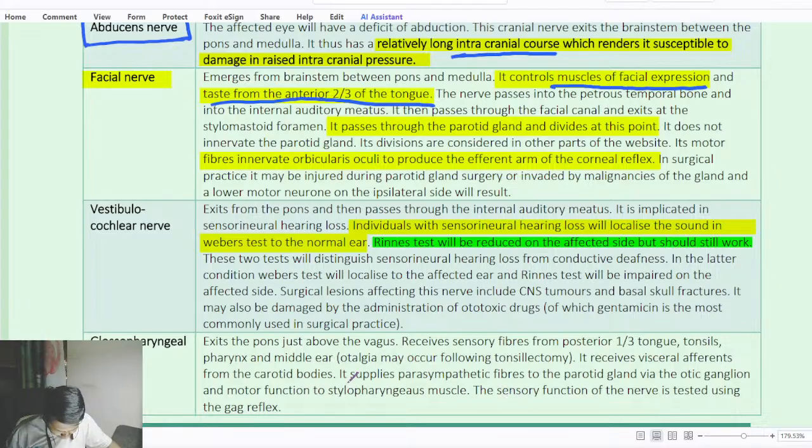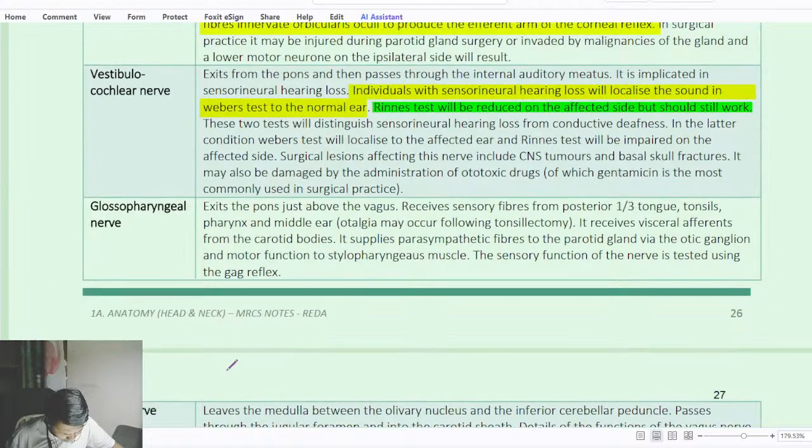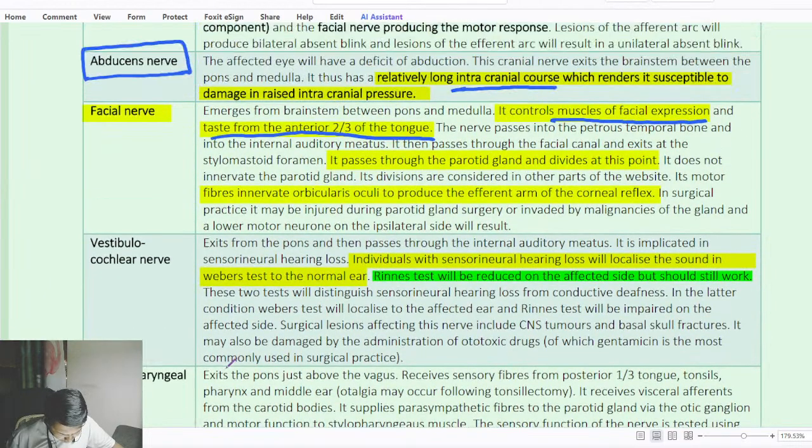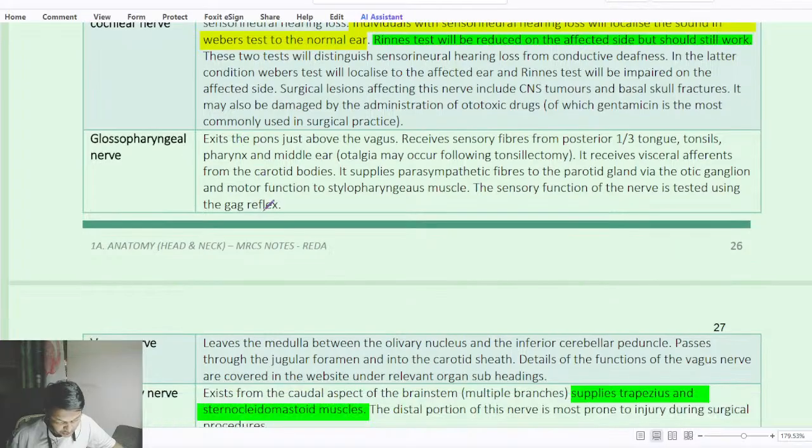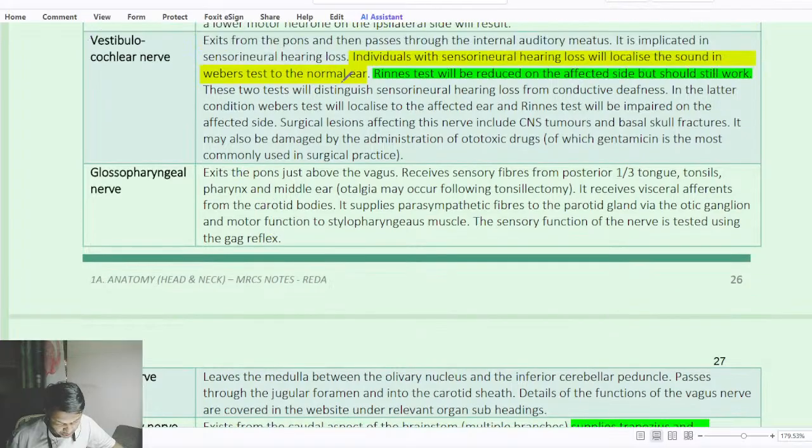Doctor, excuse me, is this lecture given to us? I think it is shared in the group also. The MRCS final, the head and neck lecture, the old final.